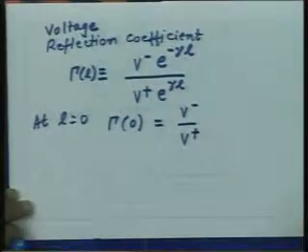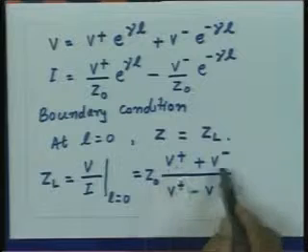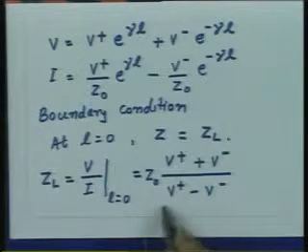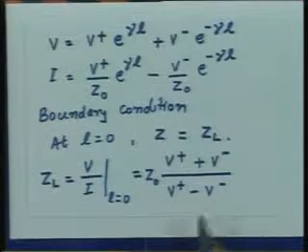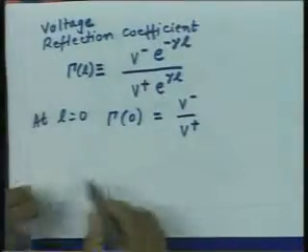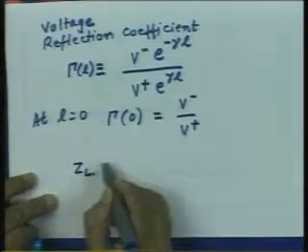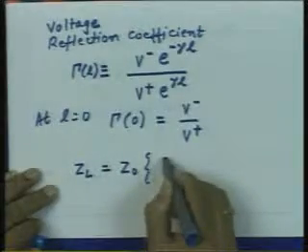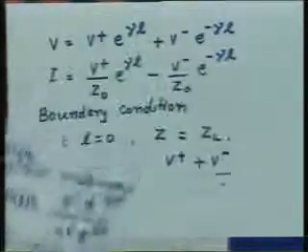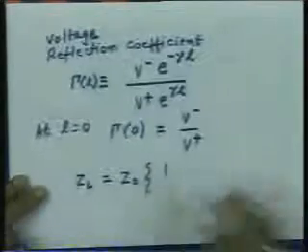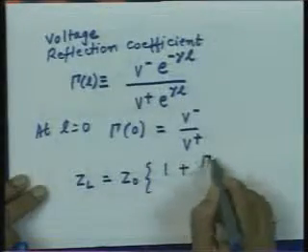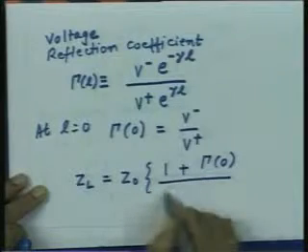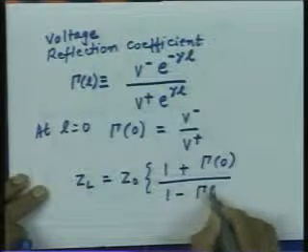Substituting this in the impedance relation, I get Z naught times 1 plus V minus upon V plus over 1 minus V minus upon V plus. So, I have the load impedance ZL equal to Z naught into 1 plus gamma at 0 divided by 1 minus gamma at 0.